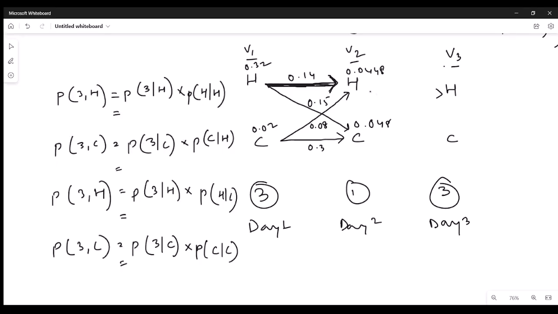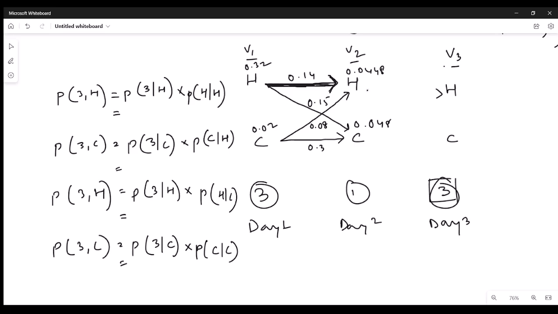Now let us calculate the hidden state for day 3. Day 3 hidden state depends on the observable quantity, that is the ice cream consumed, that is 3, and also the weather from the previous day, that means the weather from day 2.